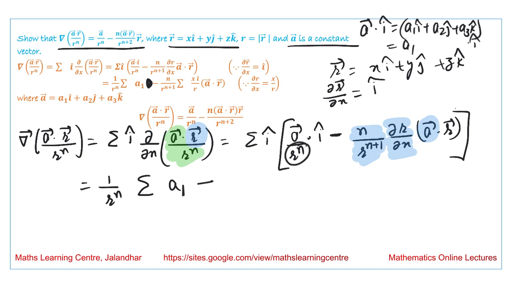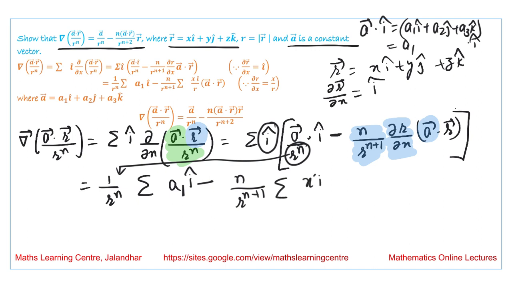This r raised to the power n we have already taken common, we are left with this i cap, so we write here a1 i cap. Then for the next term we have taken r raised to the power n common, so we are left with this r, and the answer we write is minus n by r raised to the power n plus 1, sigma x i cap upon r into a vector dot r vector.